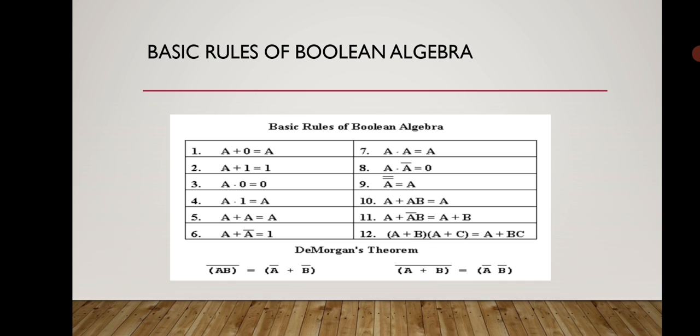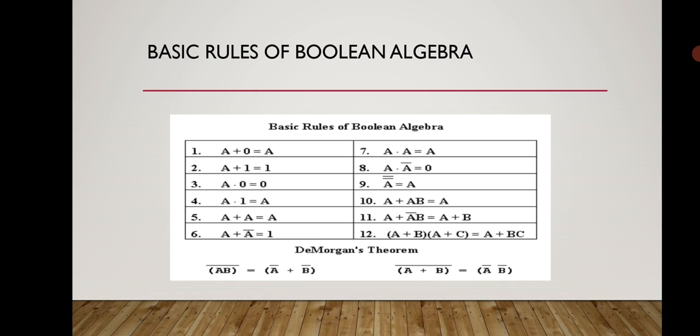And if you add a with a, it will be a. If you add the negation of a with a, it is 1. If you multiply a with a, it will be the variable itself. And a dot a bar is 0, because if you take a as 0, a bar will be 1, and 1 dot 0 means the multiplication will be 0.